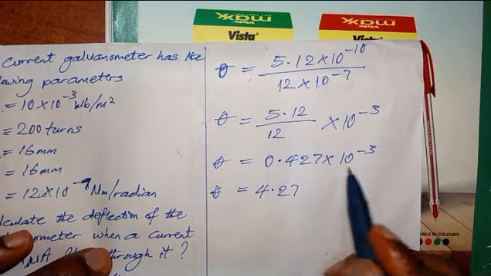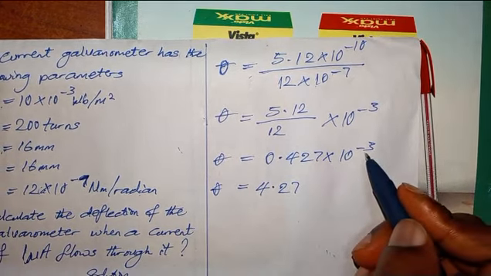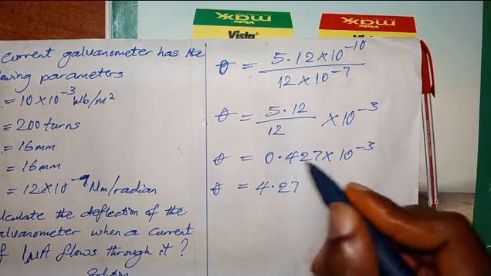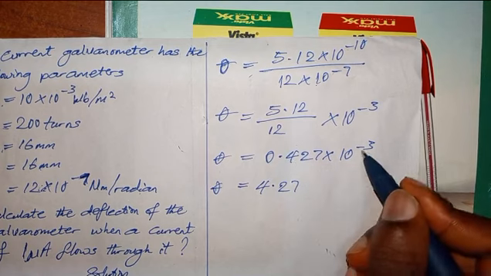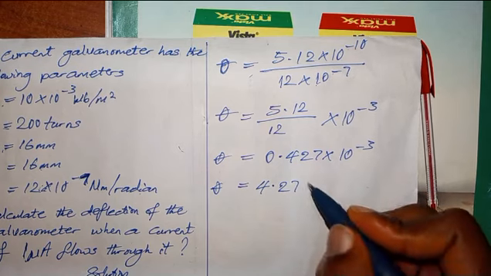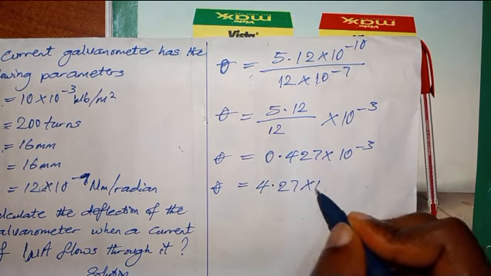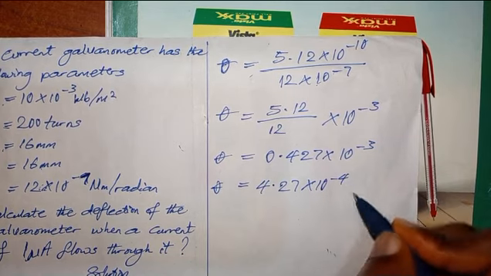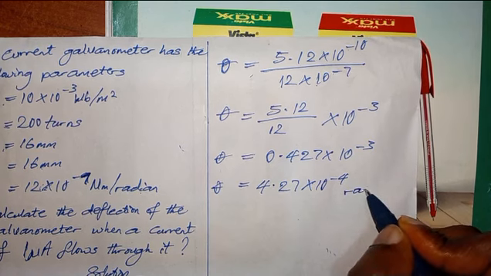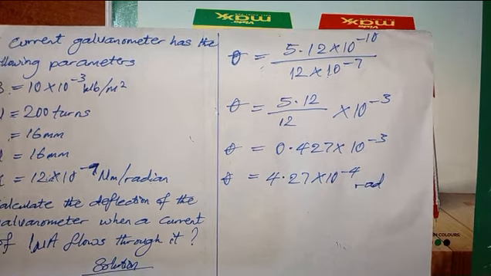If you leave it like this, as far as it is minus 3, you are correct. But I just want to bring out this 4, adding minus 1 to the power so that it will be minus 4, times 10 raised to power minus 4. The unit is radian, just give it rad. So that's the answer to the question.